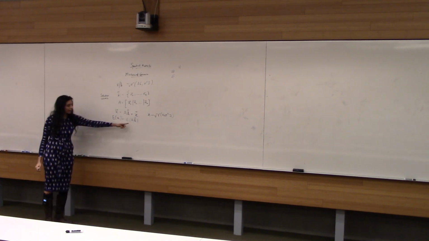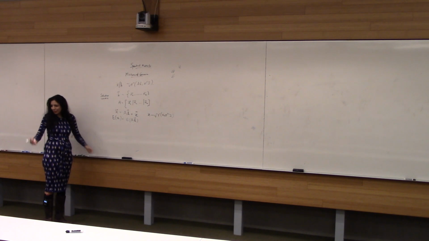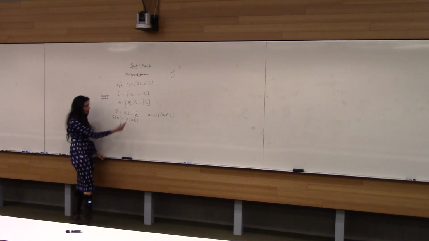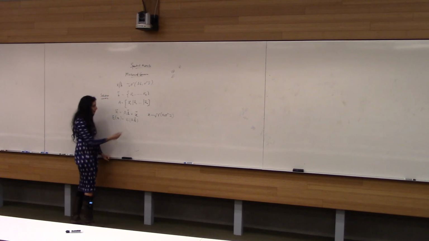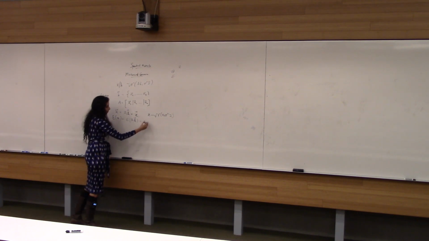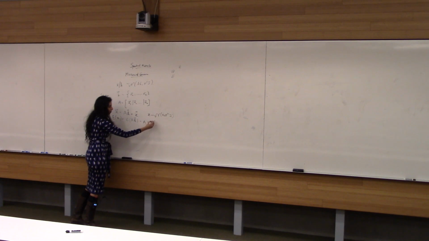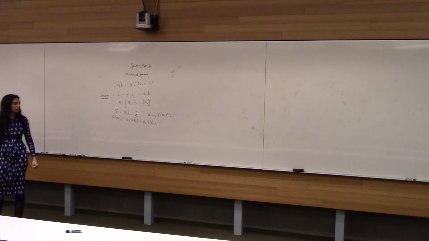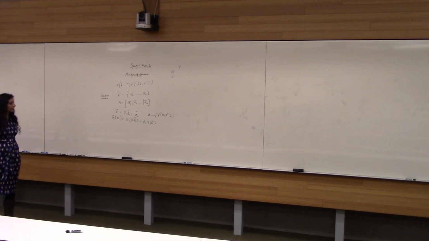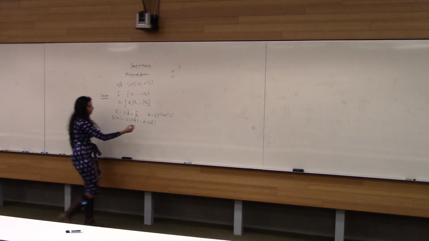I can take the A outside, and that's why it's the mean of means. What about the second term? It's 0. So that's the mean. We'll call it mu.